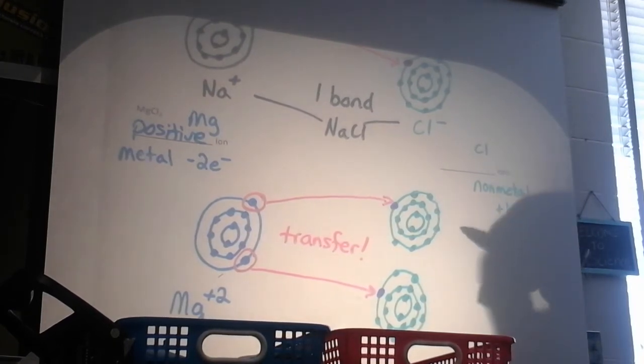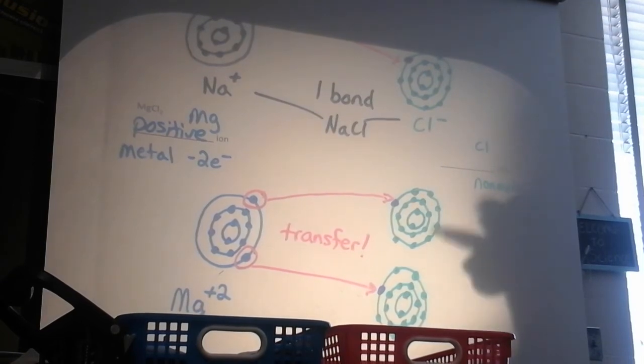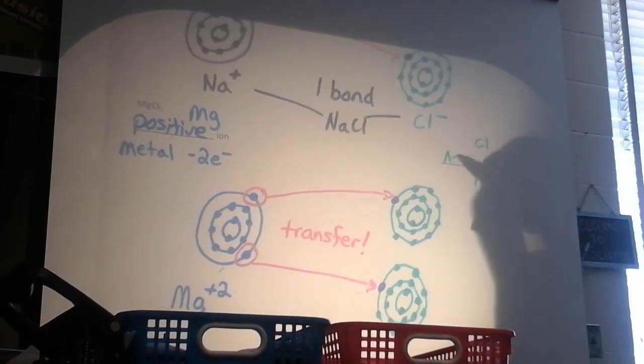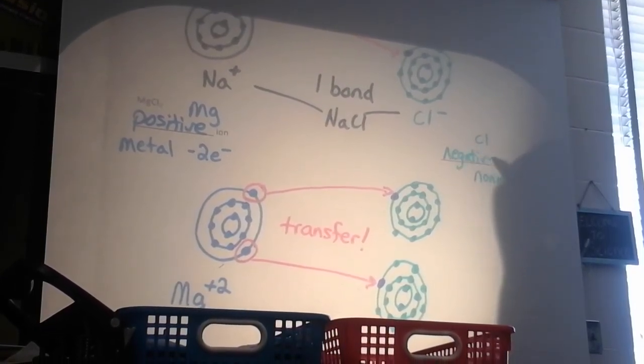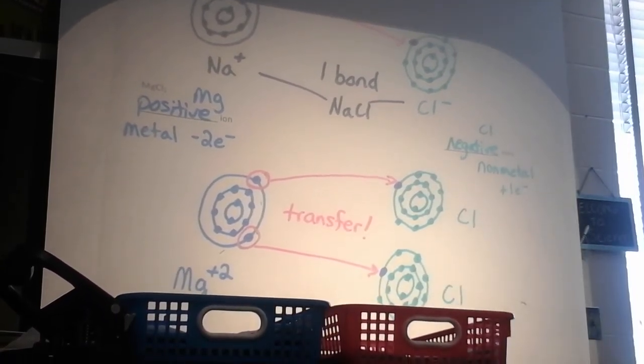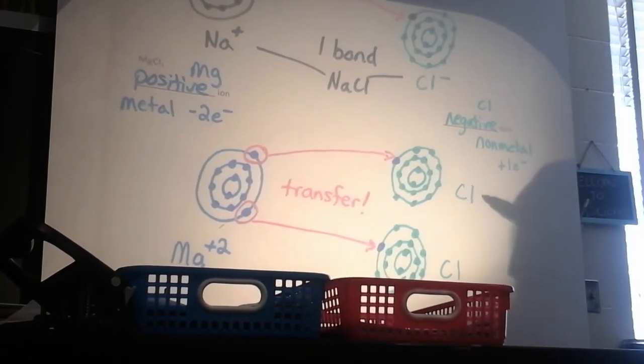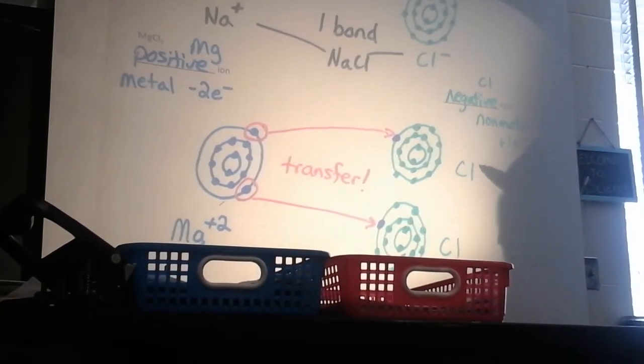Over here we've got 2 chlorines. The chlorines have now become what kind of charge? Negative. So now we have to write them differently as well, because now they're ions, and they have a negative charge. They've only each gotten 1, so we can just put the negative sign. We don't need to write the 1.